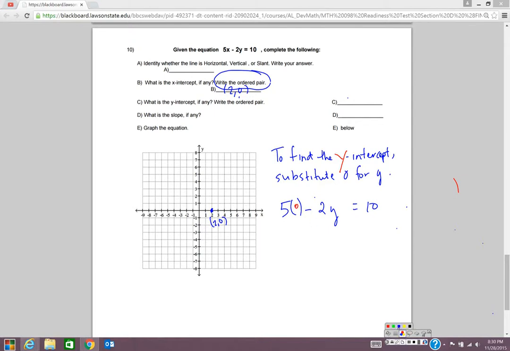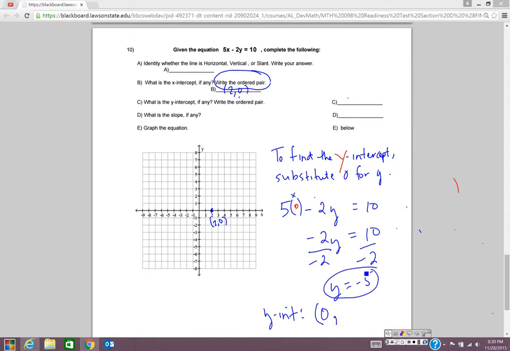So 5 times 0 is 0. Then we have negative 2y equals 10. Divide by negative 2. y equals negative 5. Therefore, since we plug in a 0 for x, our y-intercept is (0, -5). That's here.